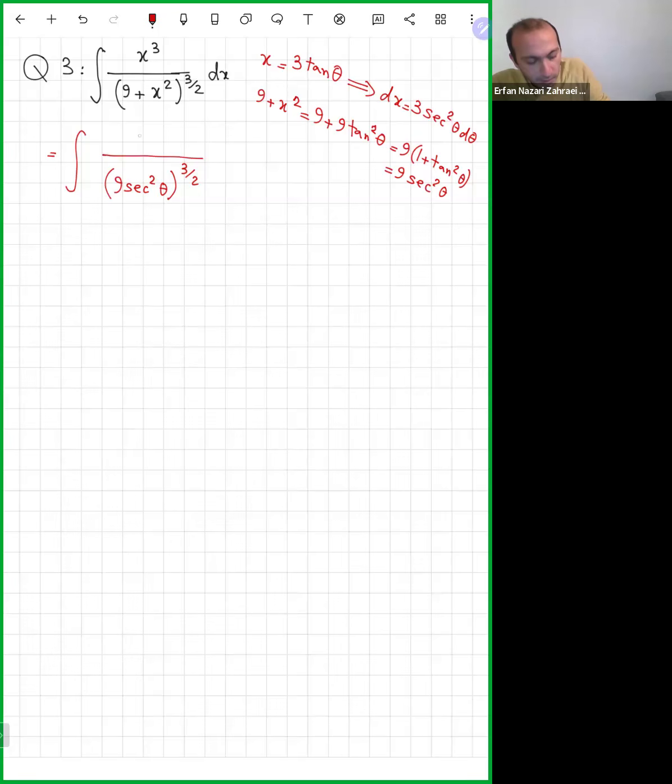On top, I have this cubed, but 3, or let me just write 3 tan theta cubed. Also, I need to replace dx. dx is this. It's 3 secant squared theta d theta.